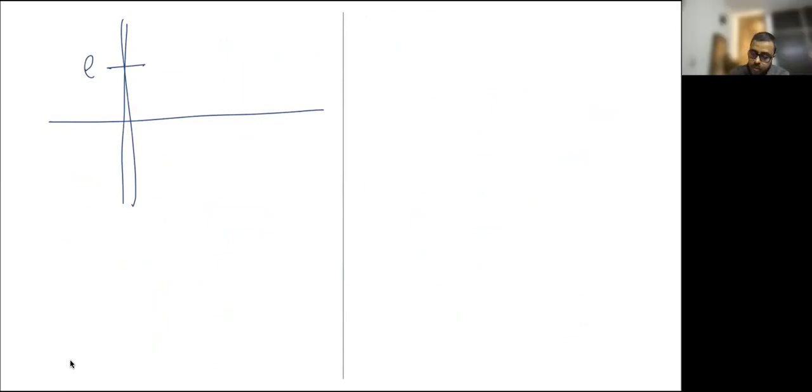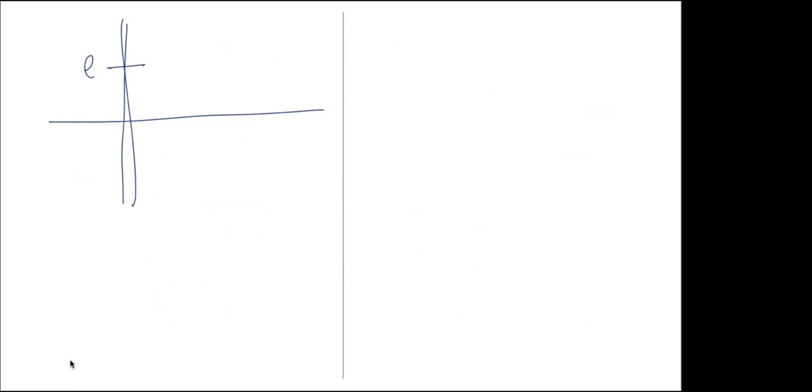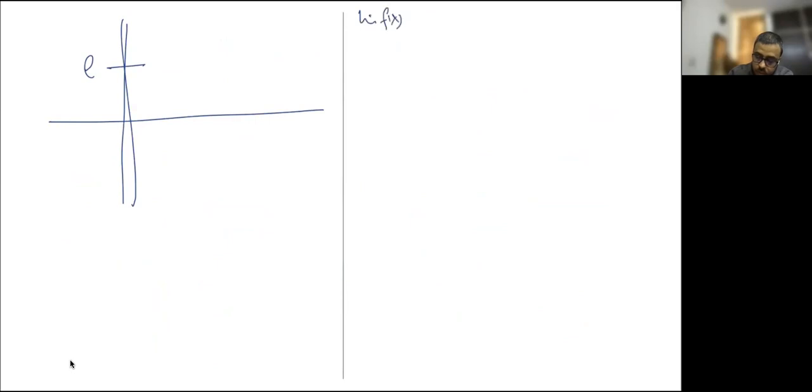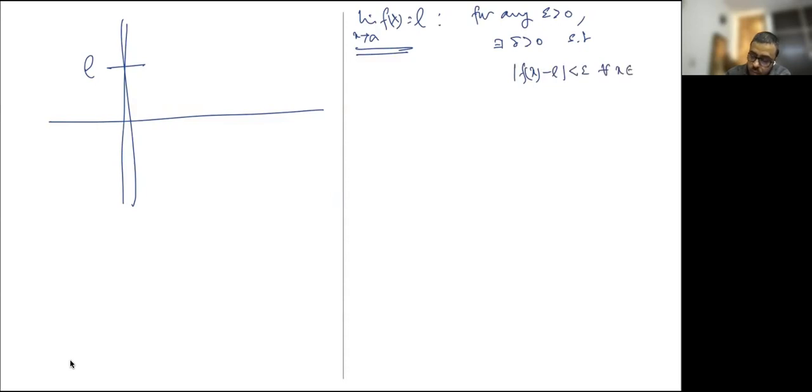Okay, so let me get there. Let me first reproduce the meaning of this, as per our definition: for any epsilon positive, there exists a delta positive such that this is less than epsilon for all x belonging to a minus delta to a plus delta minus a.